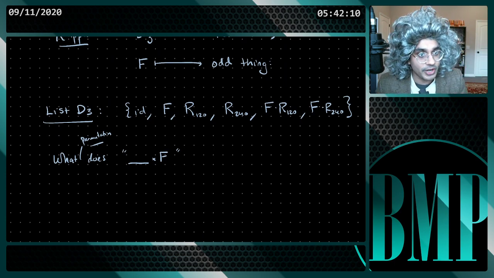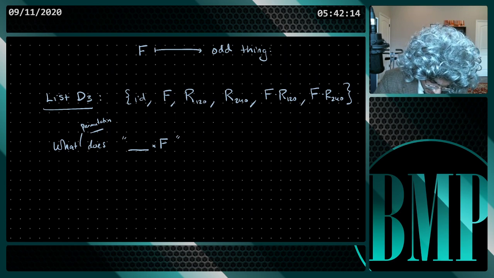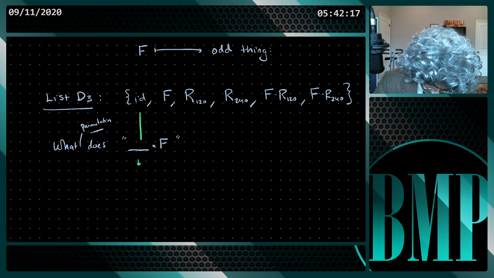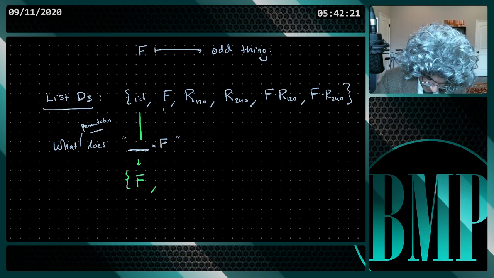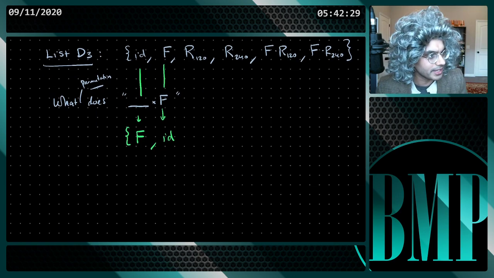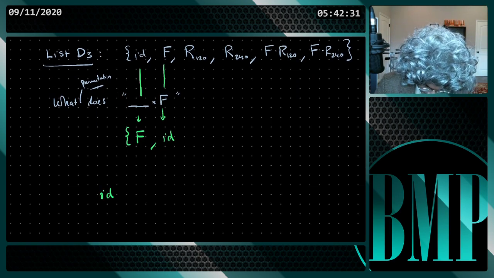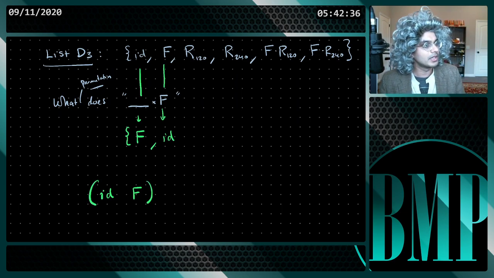Okay, Kappa, I'm going to try to do this. So identity becomes F. F becomes identity. I can use cycle notation here. Okay, is better? So identity becomes F, and F becomes identity.